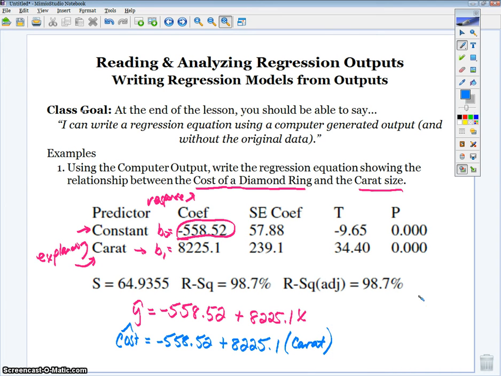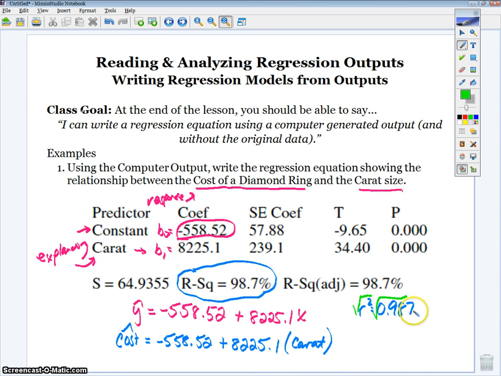Now, a couple other things of note. Notice you are not given r, the correlation. However, we know r squared. R squared is equal to 0.987. Notice I took the percent and converted it back to a decimal. As you mathematically know, we square root that.